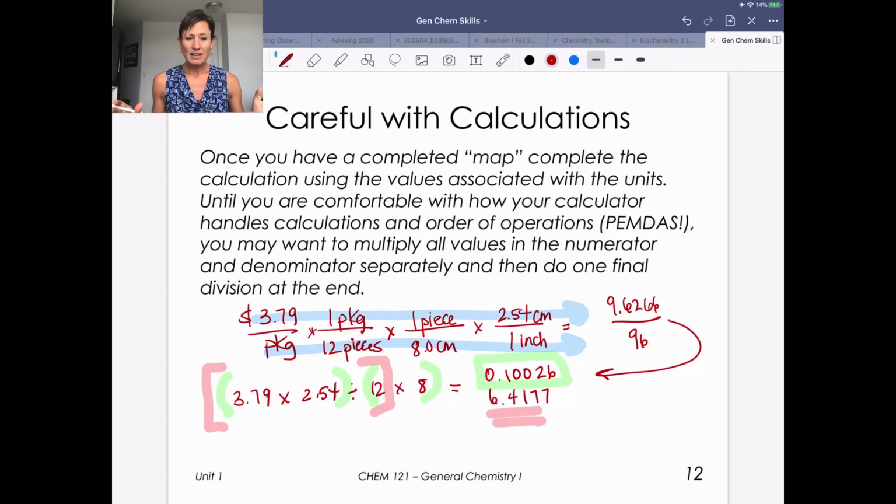So again, you might have a calculator that doesn't have problems with that, but in case you do, I wanted to make sure to highlight a way to make sure you always get the right answer. But again, we want to make sure we've got our logic hat on too, because we shouldn't be spending $3.79 for a package and then doing a calculation that says it's $6.42 for an inch.